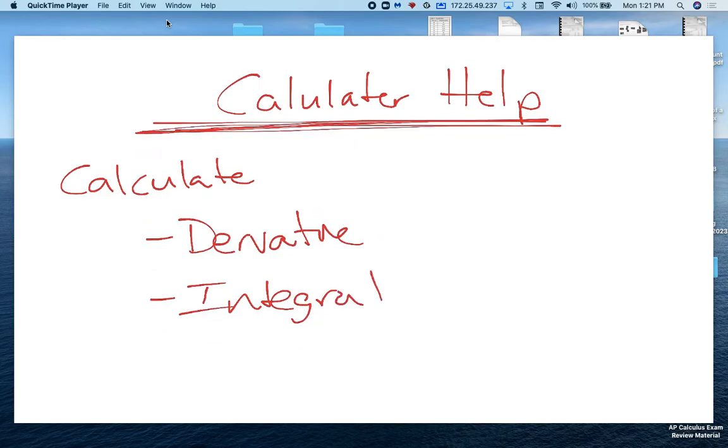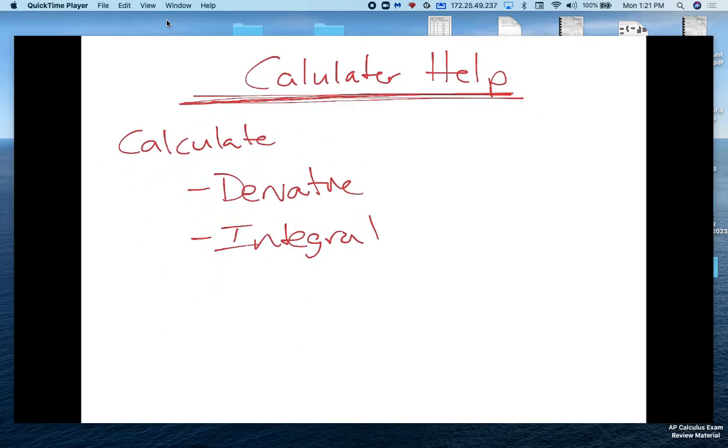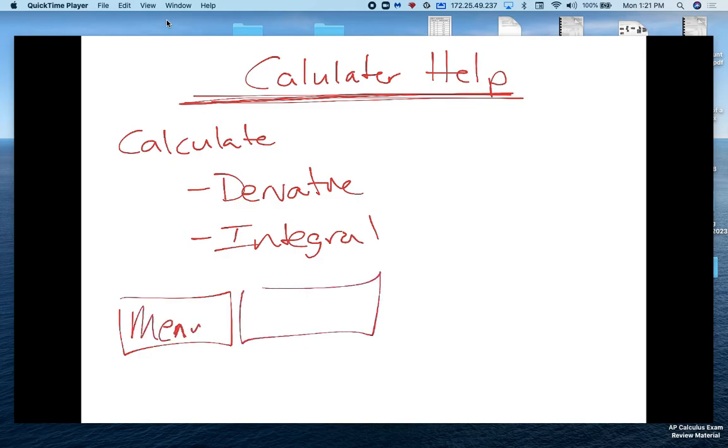One way to get to it is to go to menu and then go down to calculus.